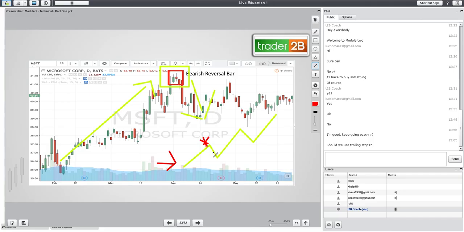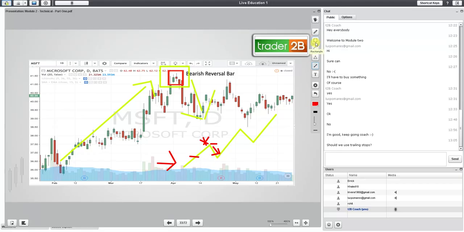Now, if you put a trailing stop here as the price is going upwards towards this level, your trailing stop also moves up to, let's say, somewhere around here. The moment the price begins to move back, it's very likely to hit your stop.